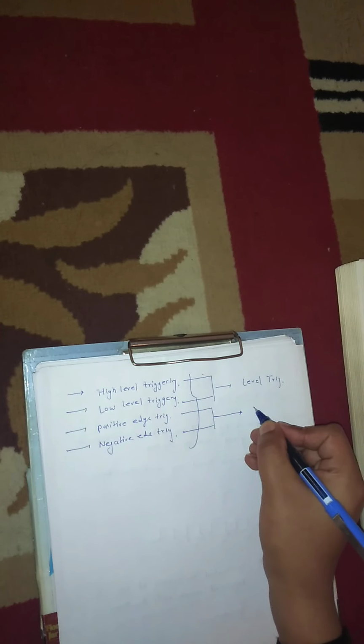The third one is positive edge triggering, and the last one is negative edge triggering. High level and low level triggering are known as level triggering, and positive edge and negative edge triggering are known as edge triggering.